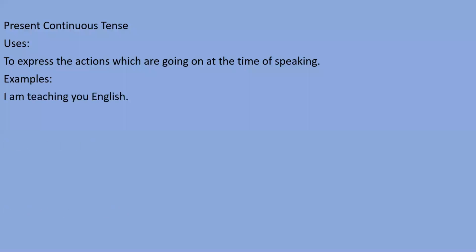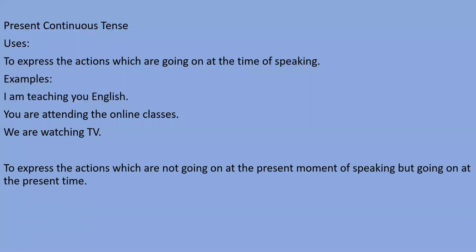Examples, we can say I am teaching you English. So at present I am talking, at present I am saying this sentence, and at present I am doing this work. For that action we should use present continuous tense, so that I can say I am teaching you English, right? You are attending the online classes, right? We are watching TV.